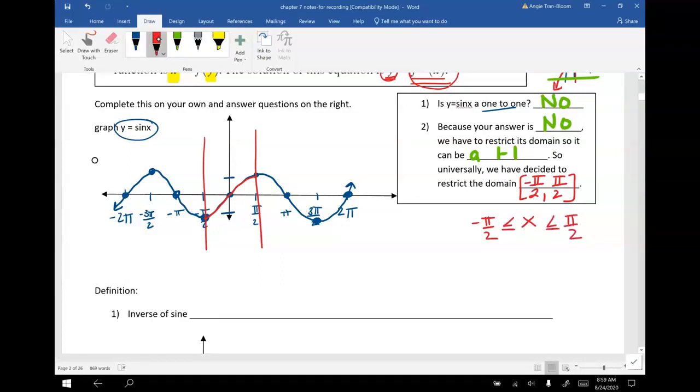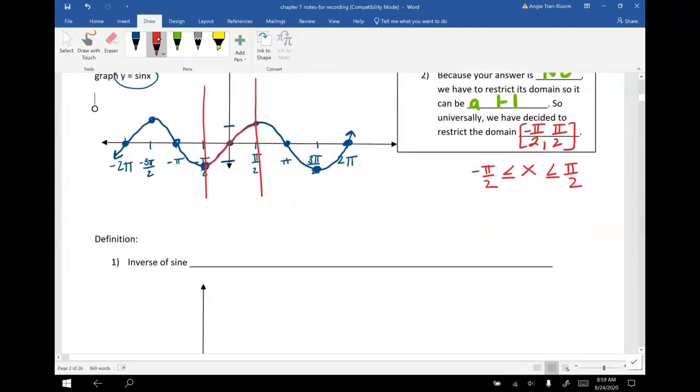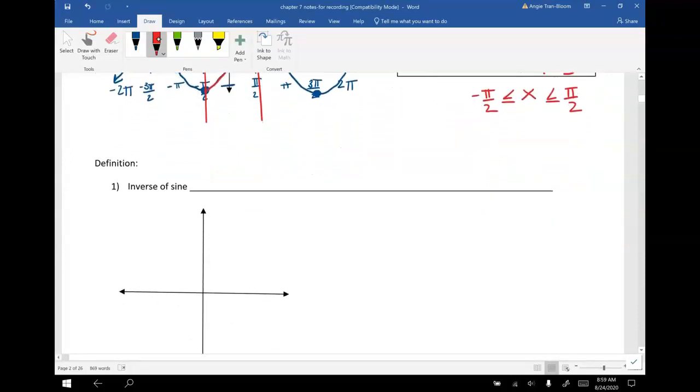Okay. Due to that restriction, the inverse definition of sine: sine is normally written like this, y equals sine of x. An inverse function is when we switch x for y and y for x.